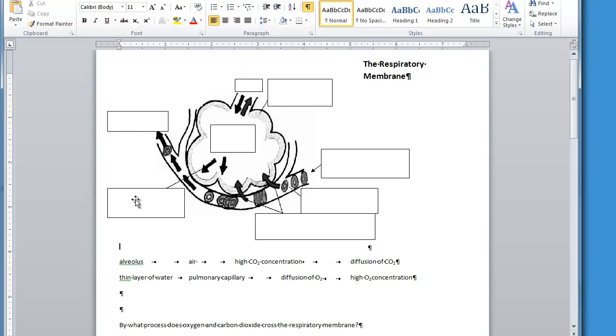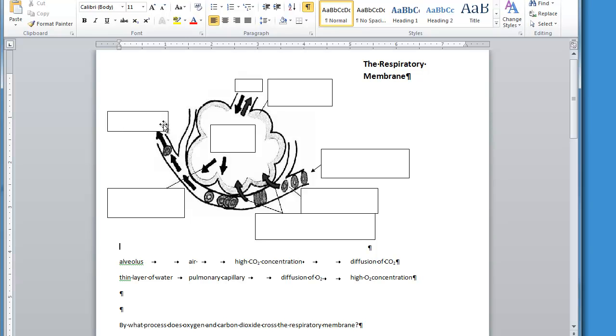So this box pointing to this arrow is referring to the diffusion of O2, or oxygen, coming into the blood from the alveolus. So the blood leaving the pulmonary capillaries, entering the pulmonary vein, would be high in oxygen concentration. So that's what would go in this box, high O2 concentration here.